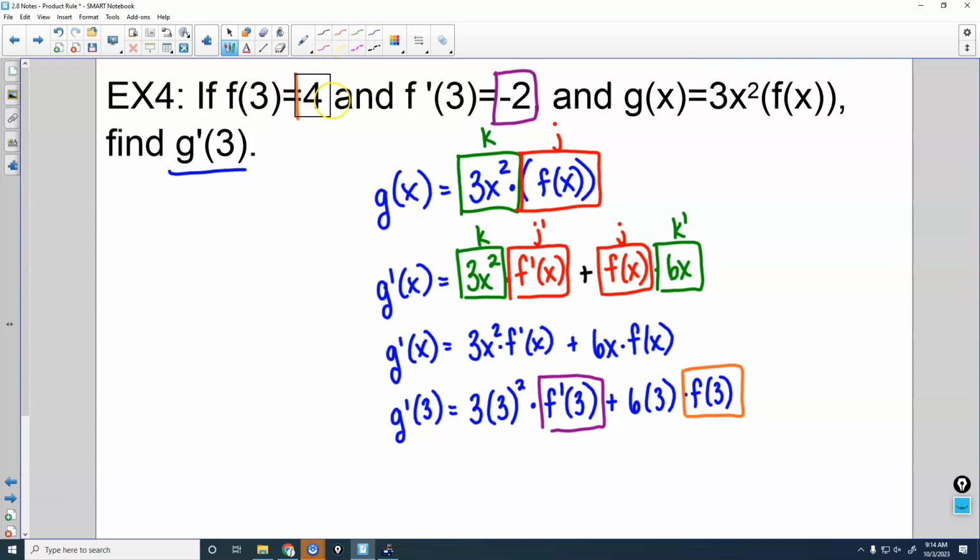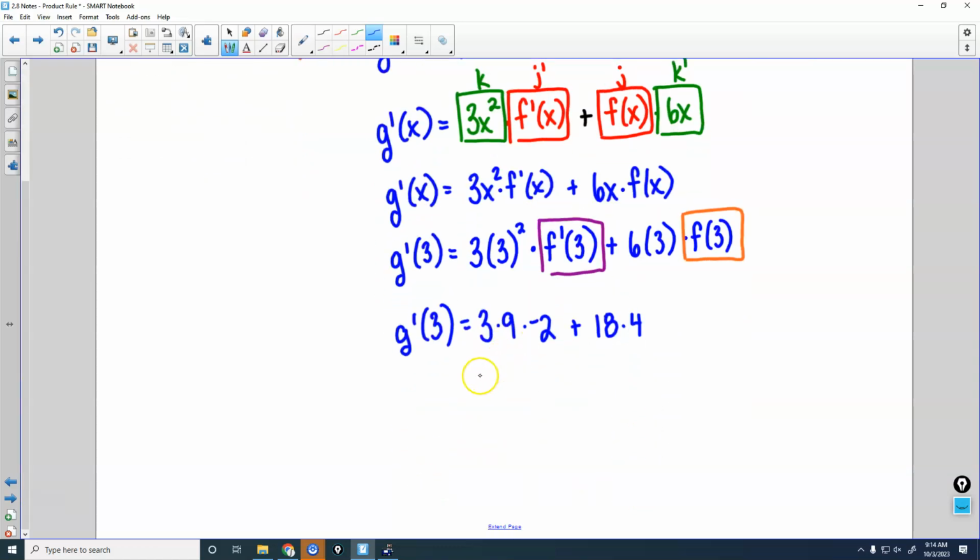Yes, it is 4, right? So those there I can replace with numbers. So I've got G prime of 3 equals 3. Let's go ahead and raise that to the second power. That's 9. And then f prime of 3 is negative 2. Plus 6 times 3 is 18. F of 3 is 4.